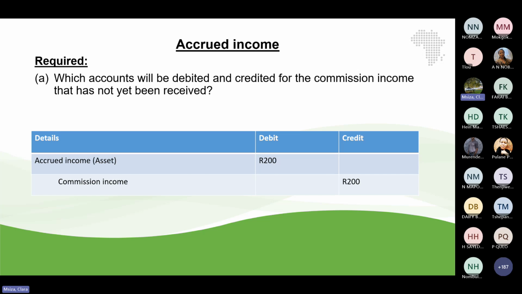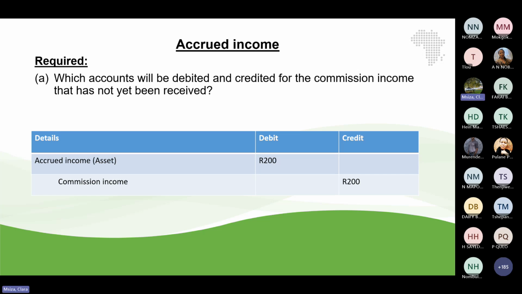Which account will be debited and credited for the commission income that has not yet been received? Now we go, what are we going to debit and credit?